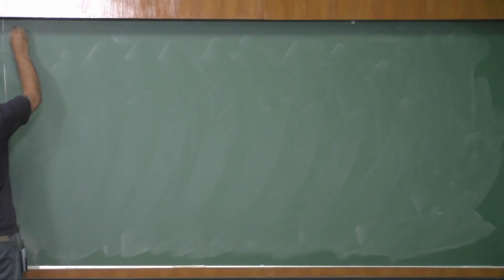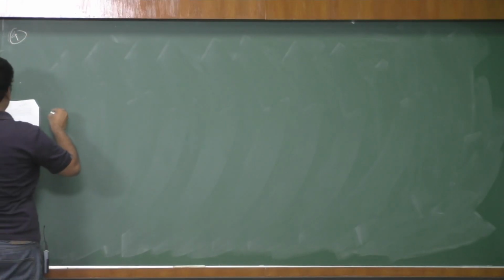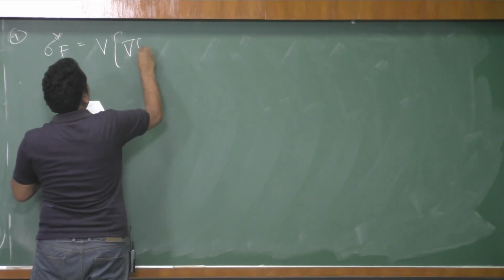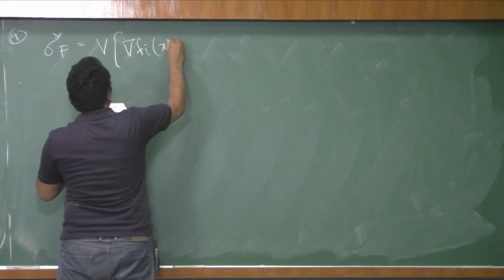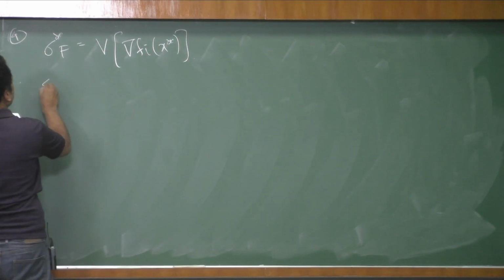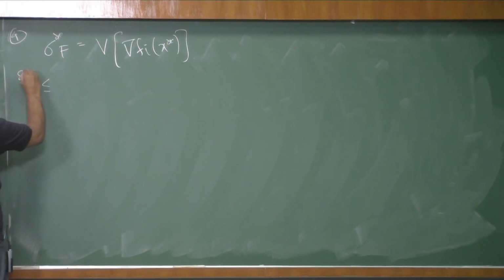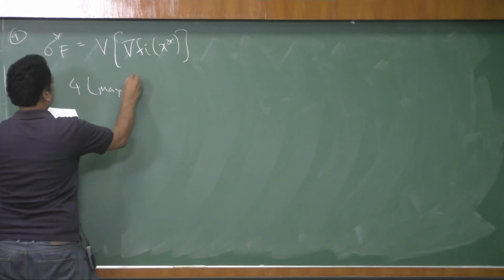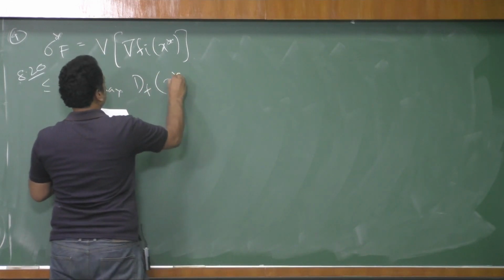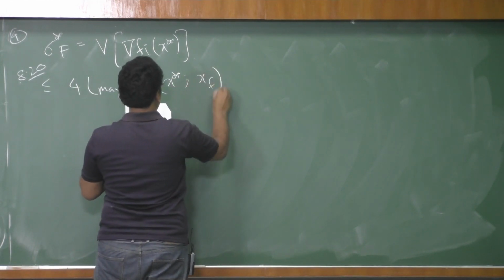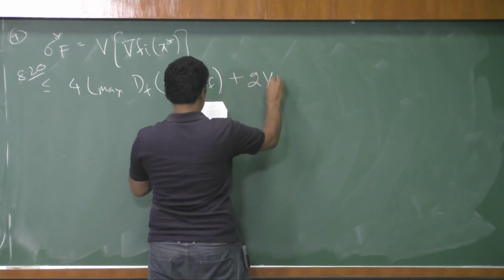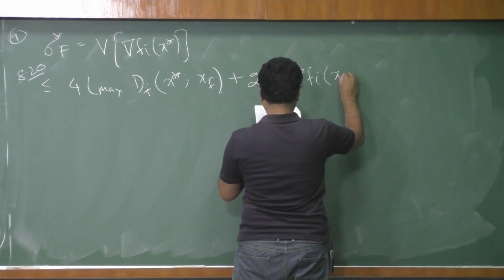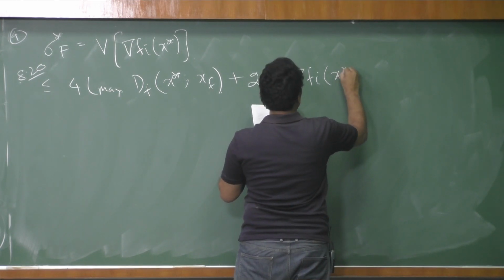So the fourth one says sigma star f is the variance of grad f_i(x*), right? And this is a consequence of lemma 8.20, which we have proved just now. So this is 4 L max D_f(x, x*) plus 2 variance of grad f_i(x*).